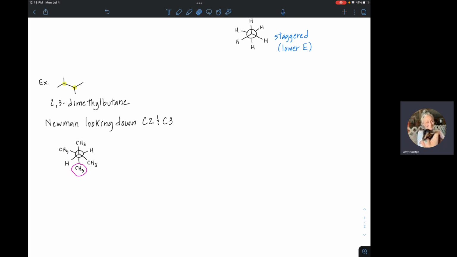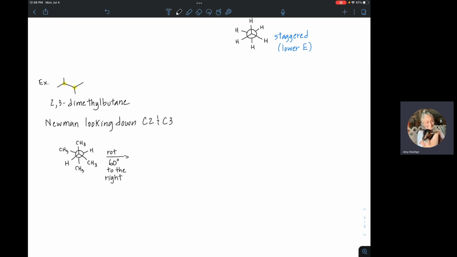You can see that if I were to rotate around that carbon-carbon single bond, I'm going to rotate 60 degrees to the right, just so you can tell what I'm about to do.